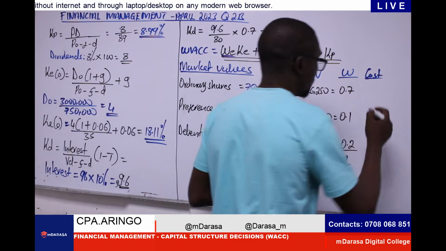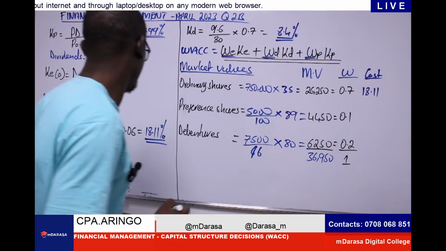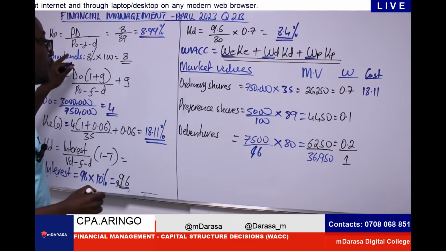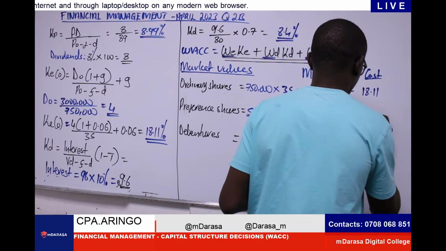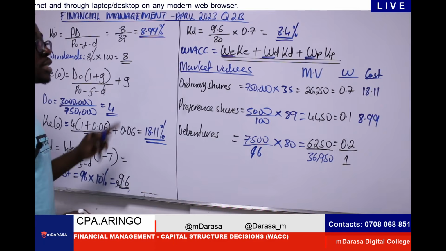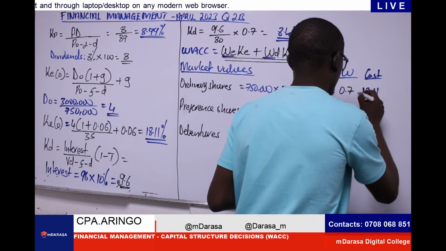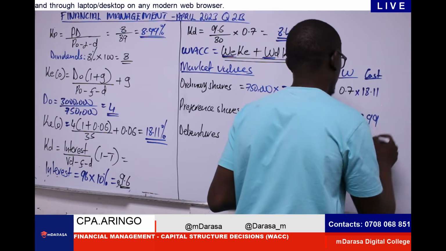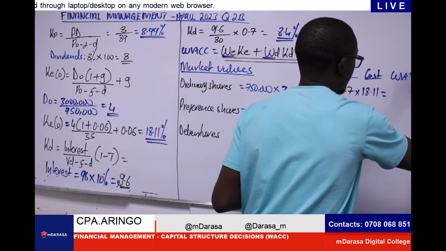So I'm going to take 18.11, whatever we had computed. Cost of preference shares, we had 8.99. And cost of debentures or debt, we had 8.4. So this one we multiply, so that at the end of the day, our WACC, what will we be having?